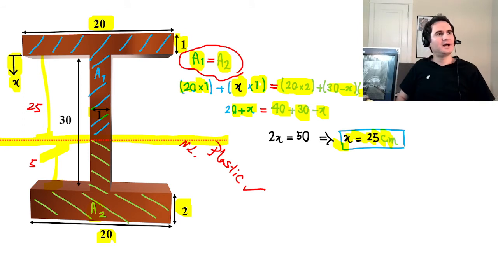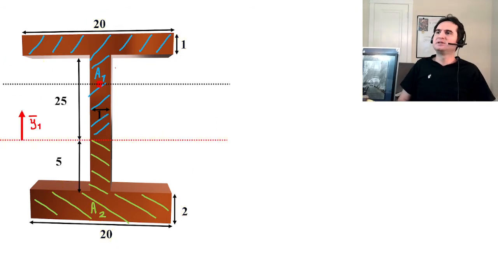As soon as we have the areas of the two sections due to the plastic neutral line, we can go like normal and calculate a centroid for the top part, and again a centroid for the lower part.